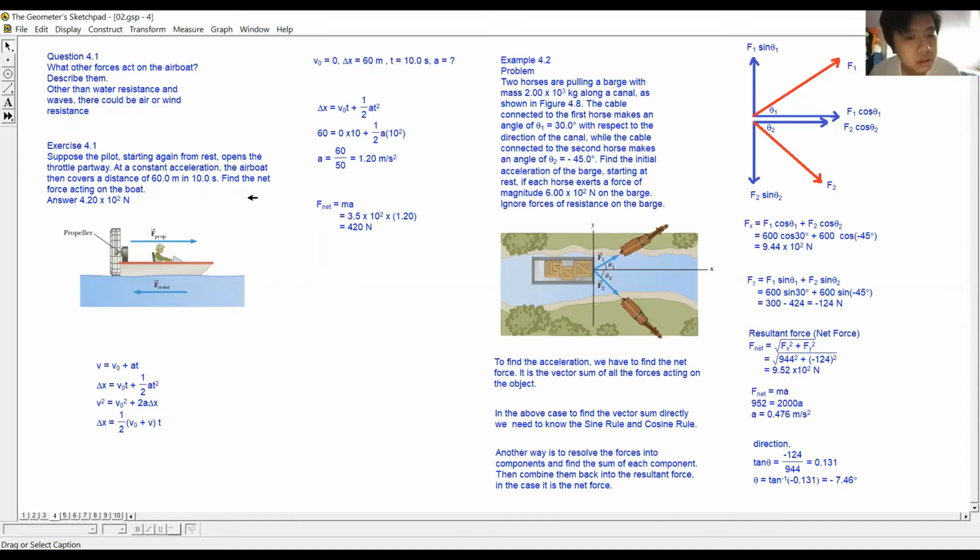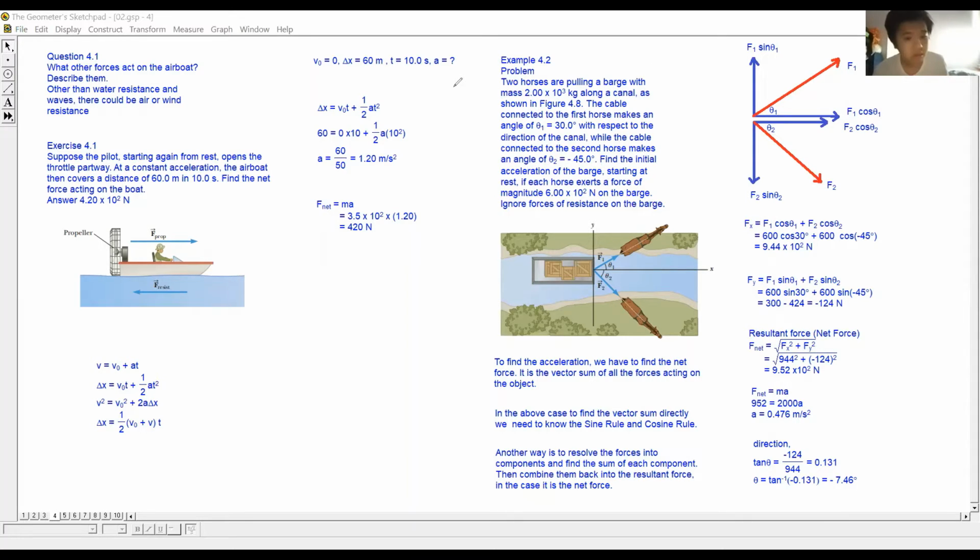Okay, now the airboat covers, starts again. Starts again means they start from zero, starting again from rest. My drawing is not good. My hand is something wrong today.